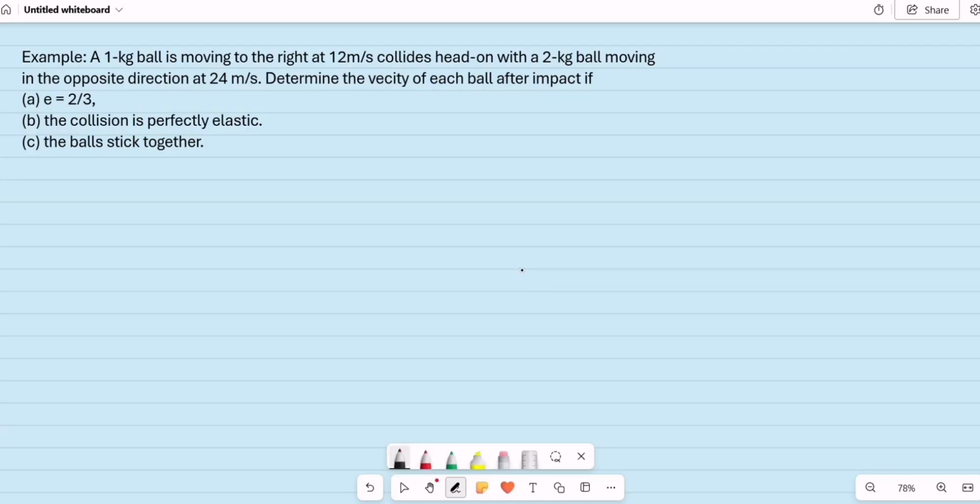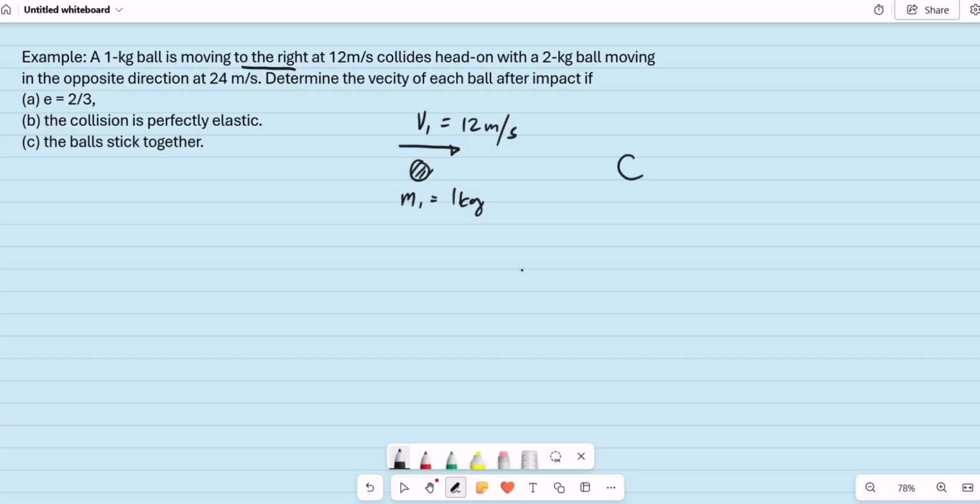Since there's no specified direction, we just assign the direction. For mass 1, the 1 kilogram ball, it is specified to the right, so we have positive v sub 1 equal to 12 meters per second.